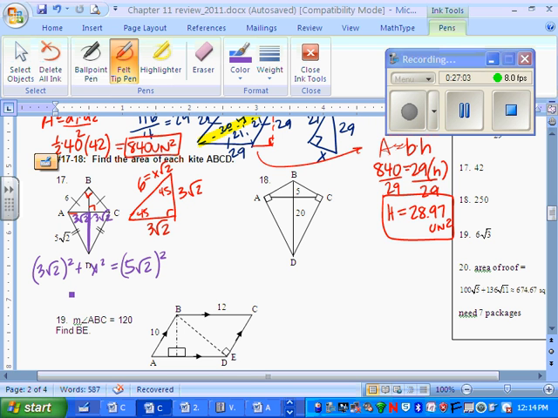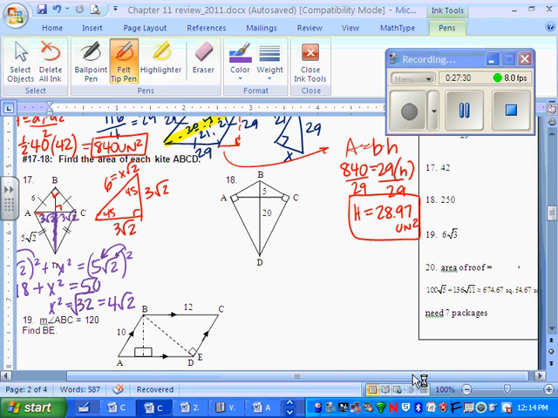This is going to end up being 18. 3 squared is 9 times 2, 18. Plus x squared, 5 squared, 25, times 2 is 50. Subtract 18 from both sides, I'm going to get 32. I can take out a 16, so I end up getting 4 root 2. And that's going to be this bottom piece right here.